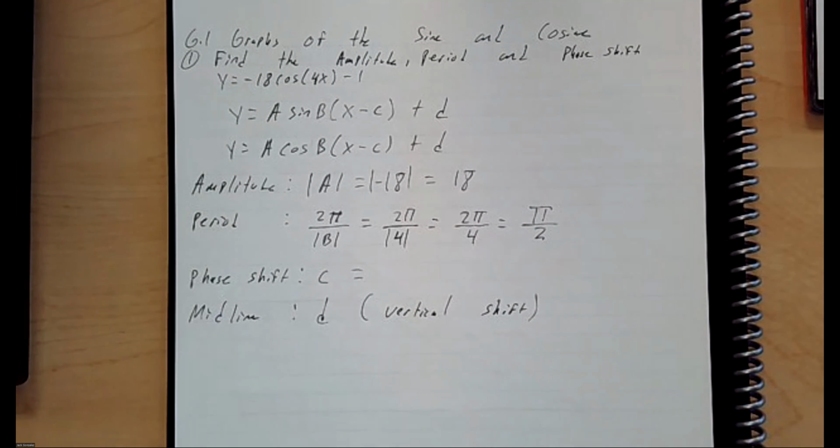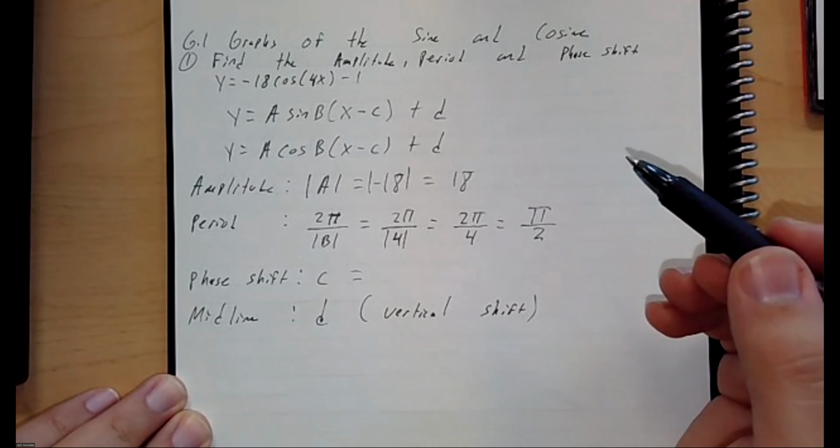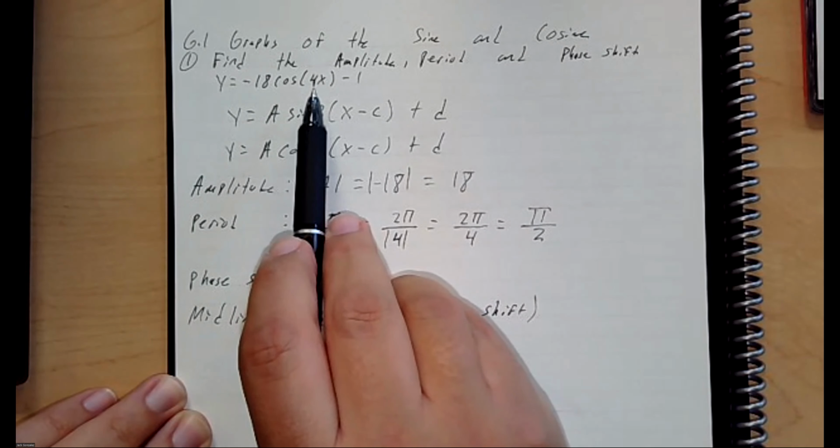So there's never going to be a -2. It will always be positive. It's kind of like time or distance. It shouldn't be negative. C, well, in our case, we don't have a C, do we?